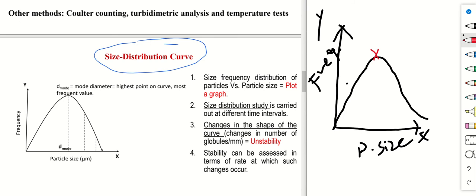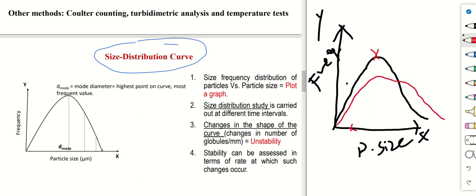Because during its shelf life, if proper proportions of internal phase and external phase are not maintained, or if a proper emulsifying agent is not added, all the globules will tend to come closer and fuse to form a larger globule, right? Because of the change in the sizes, there will be some change in the graph also.